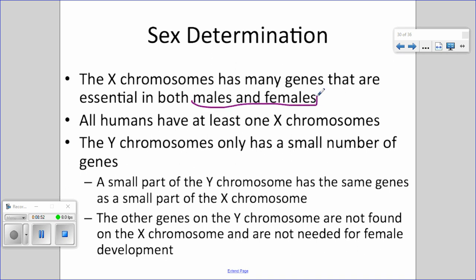It controls development for both, so all humans have at least one X chromosome. The Y chromosome, because it is so small, only has a small number of genes. Only a small part of the Y chromosome has the same genes as a small part of the X chromosome, so there's a little bit of overlap. The other genes on the Y chromosome are not found on the X chromosome and are not needed for female development.